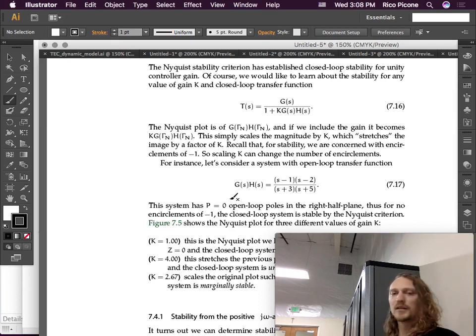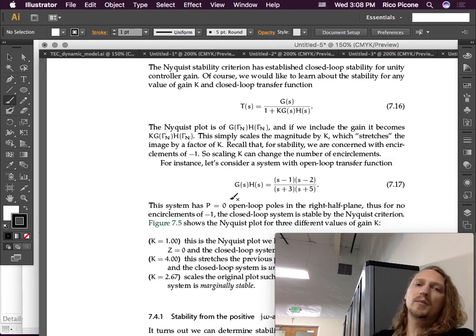GH(s) has a pole at -3 and a pole at -5, so they're both in the left half plane. So there are no poles in the right half plane, and P is equal to 0. Thus, for no encirclements of -1, the closed loop system is stable by the Nyquist criterion.